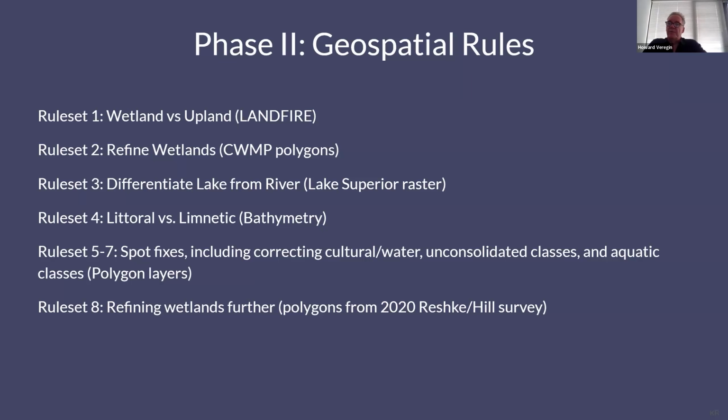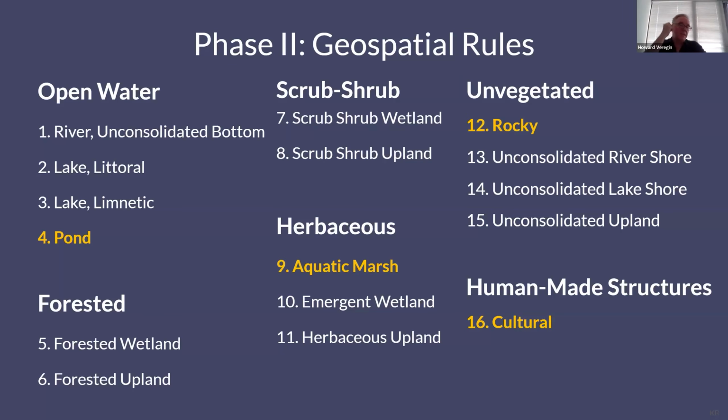So a lot of refinement of those initial classification results. In the process of doing this, we also slightly modified the NERRS classification system. And this slide shows you in that yellow-orange color the classes on our final map that are slightly different from what you would find in the standard manual for this classification system.